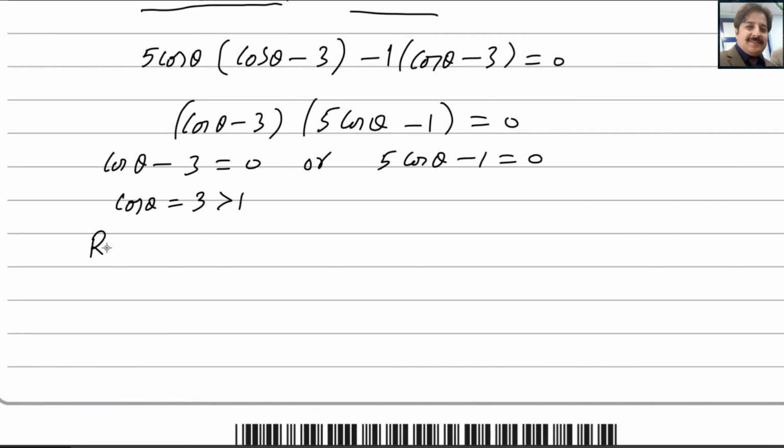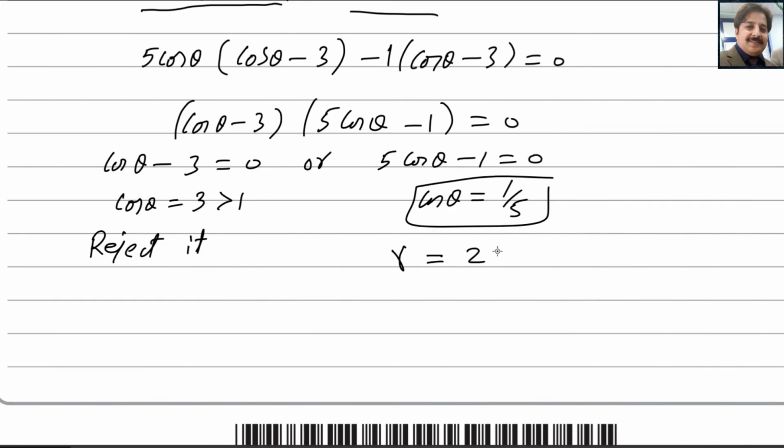From the second we get cosine theta is 1 over 5. As r is 2 cosine theta, r will be 2 over 5.